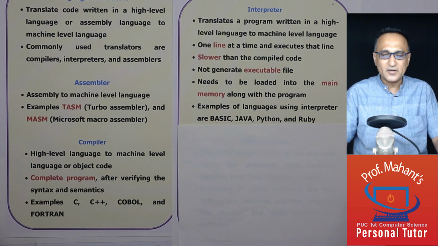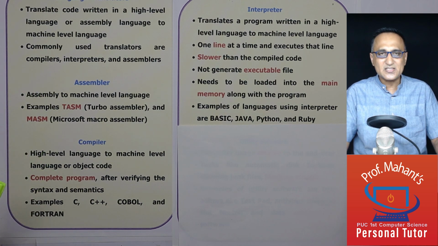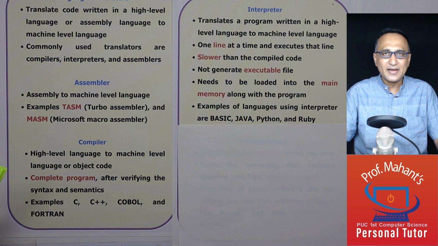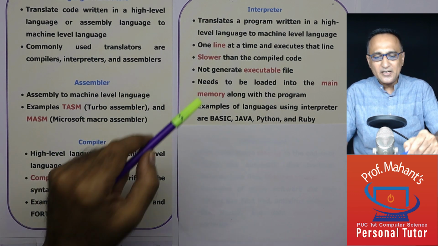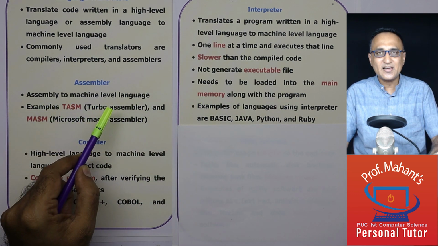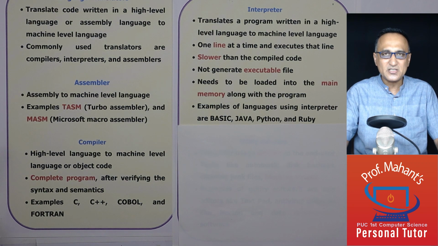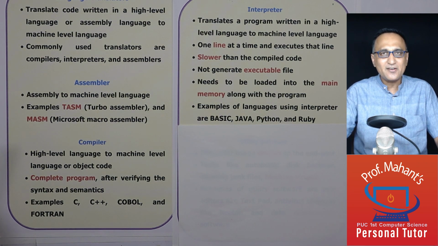Then there is one more difference. If there are errors, the compiler will list all the errors after trying to compile as much as possible. In an interpreter, whenever it encounters an error, some syntax mistake, for instance instead of putting a full stop, you put a semicolon, at that particular line itself, it will halt and say there is an error.